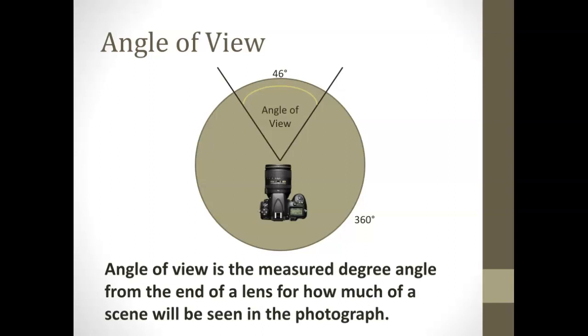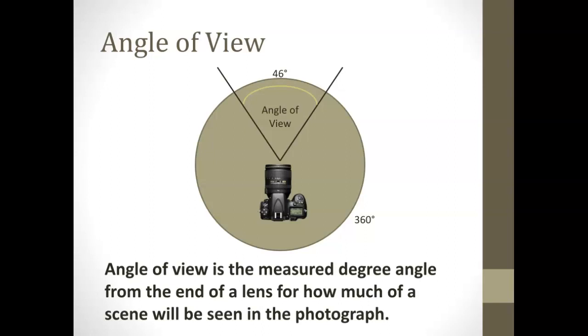But for the most part, we're going to be taking a picture through a lens that's going to show a certain angle of view. In this example, we're getting just a slice of the scene at 46 degrees based on the type of lens that we're using.